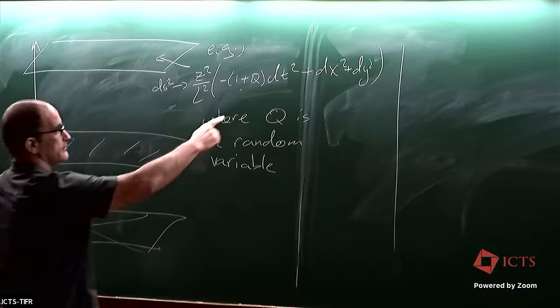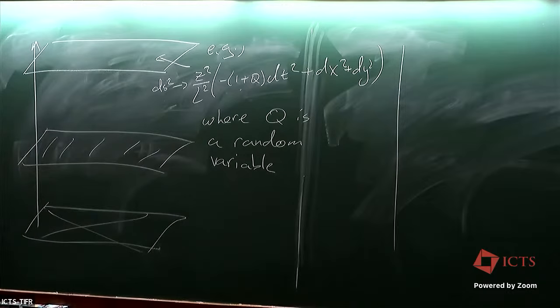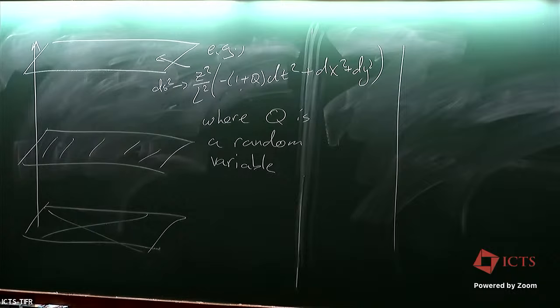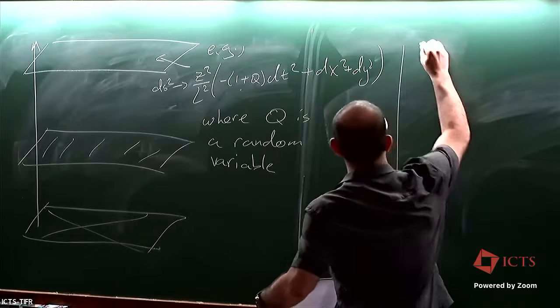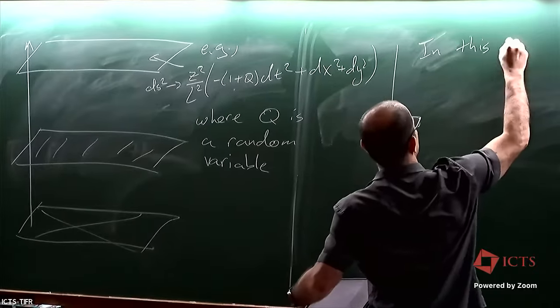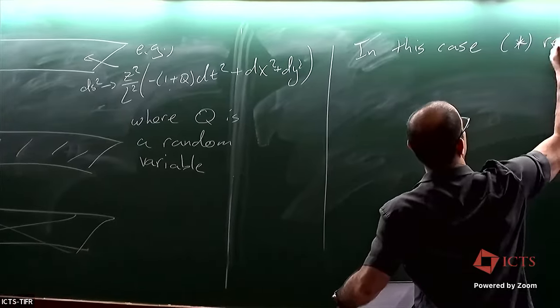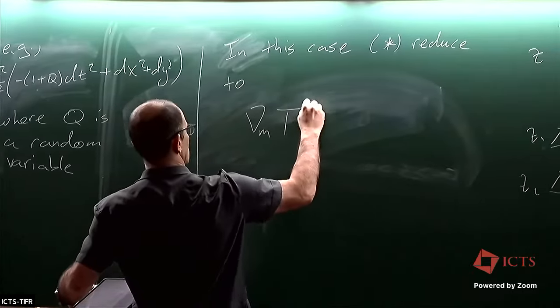You don't have to use this component. We tried several other things. I'm using this because it's going to be easier to say what's going on physically. Once you do this, what happens is that the mapping, in this case, the Einstein equations reduce again to this, right?